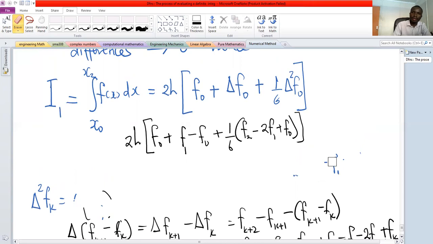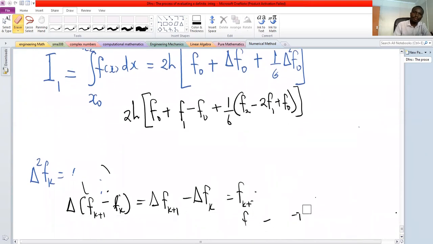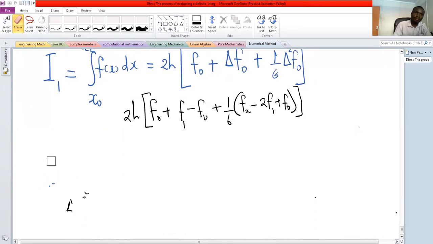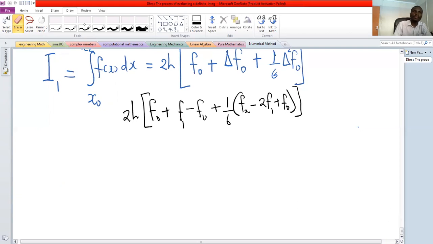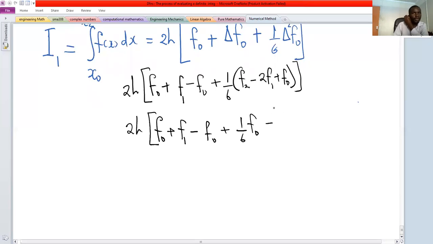And then let's simplify that expression. So I'll have 2h into F0 plus F1 minus F0 plus 1/6 F0 minus 2/6 F1 plus 1/6. Remember, this is F2, not F0. This is 2 F0.